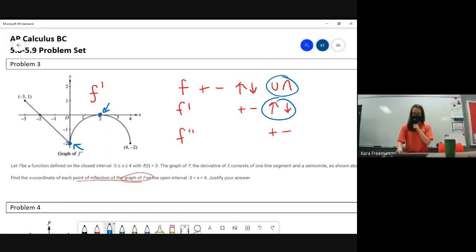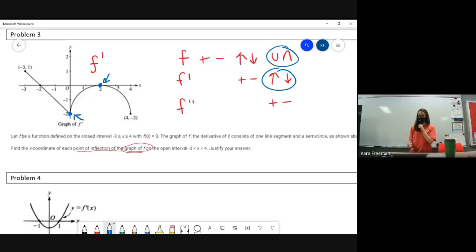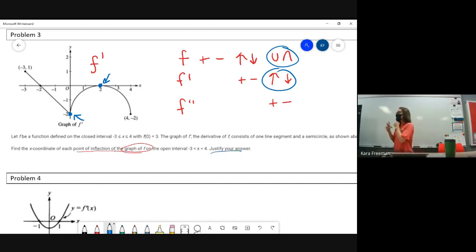Very good. Now, let's talk about how to justify this. You cannot justify this by saying the second derivative changes sign. That is correct understanding, but am I given f double prime? No. When you justify your answer, you must justify in terms of what you are given.